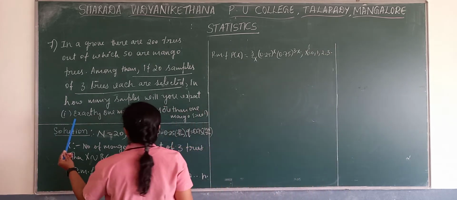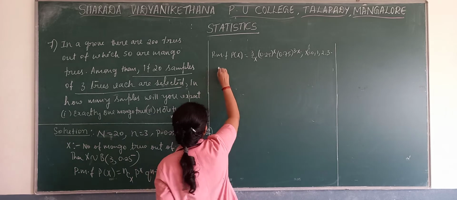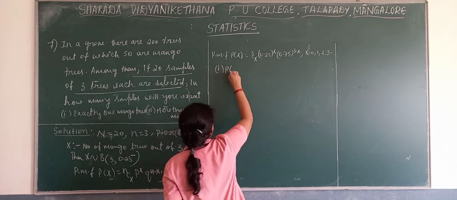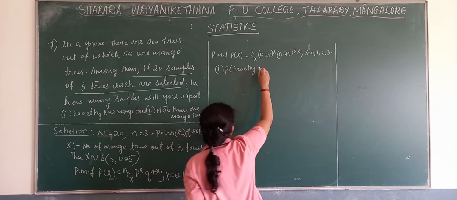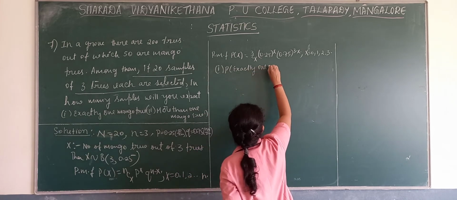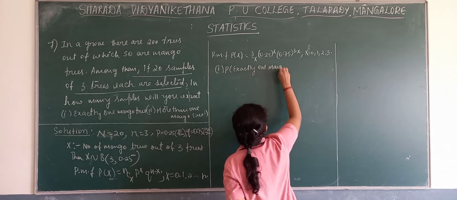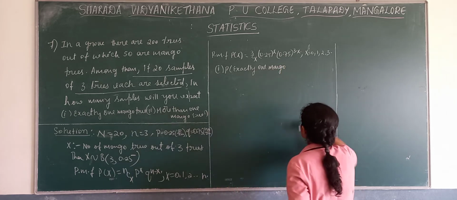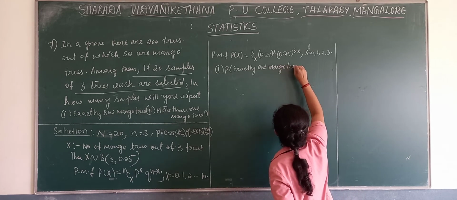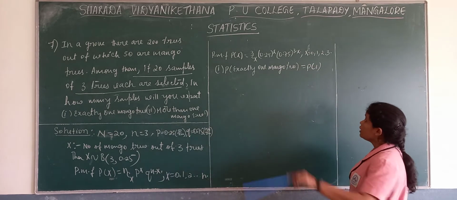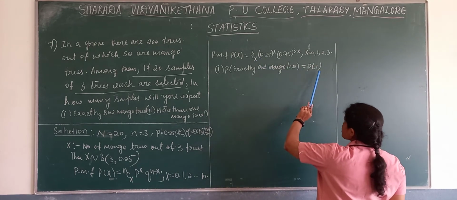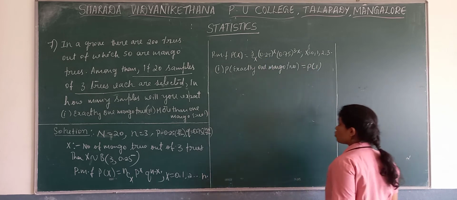Now, take the first question. First question is P of exactly one mango tree, that is P of 1. Take P of 1. Now, substitute in the place of x. Take the equation and substitute 1.